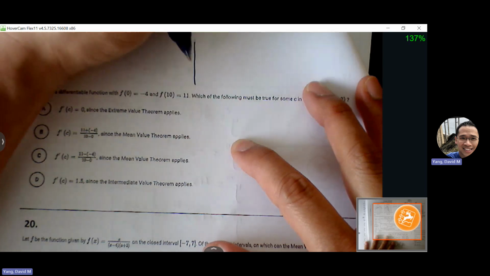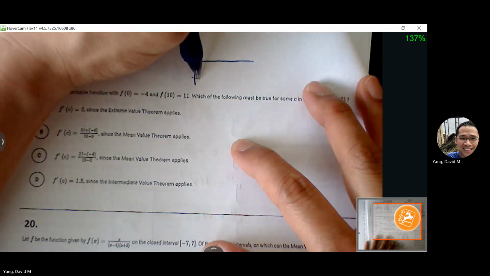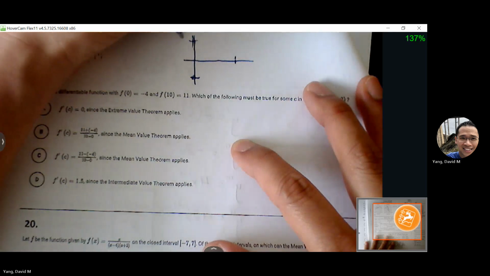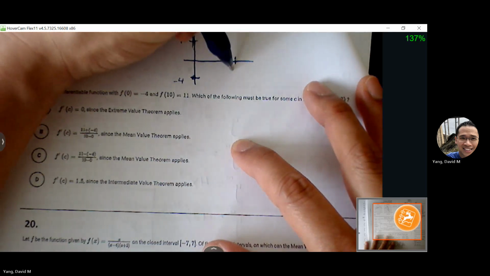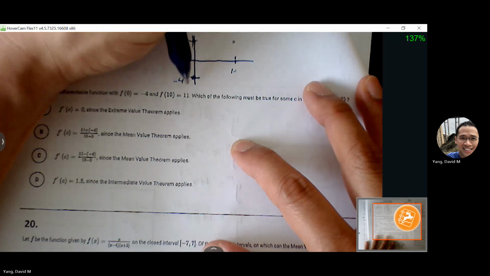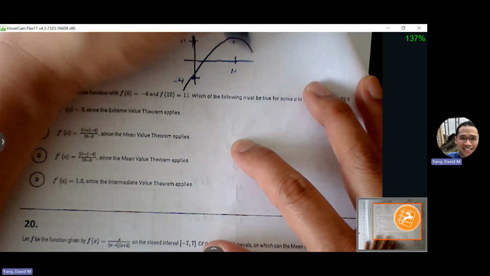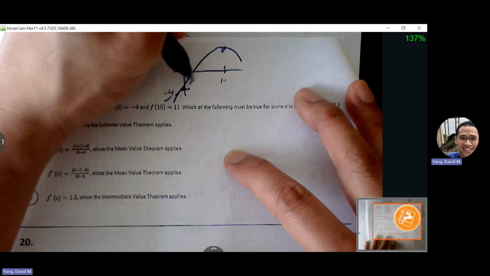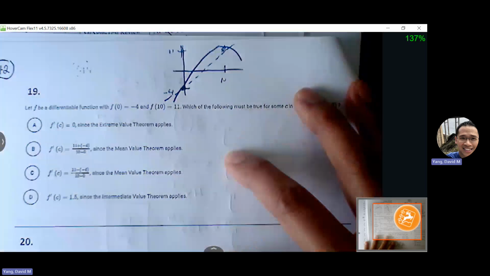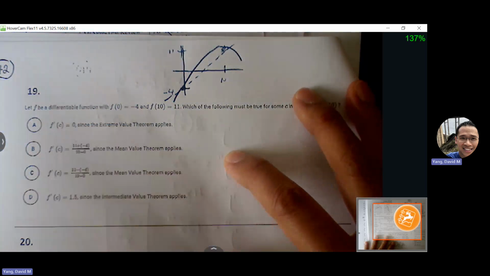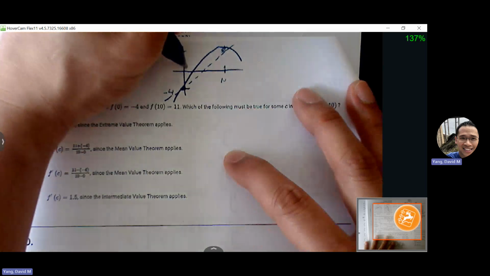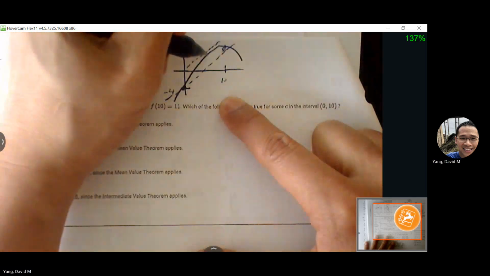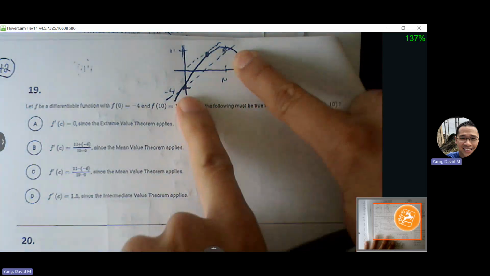If I have an ordered pair 0, -4, and 10, 11, and the graph goes through those two points, then whatever slope I can draw between them, let's say that slope is like a 5 or 6 or 7, then there must be a steepness that is also the same as what I drew between those two endpoints.